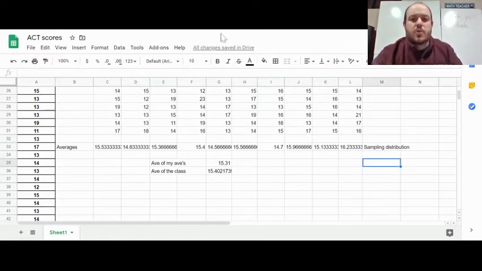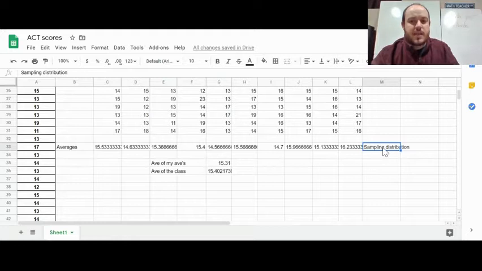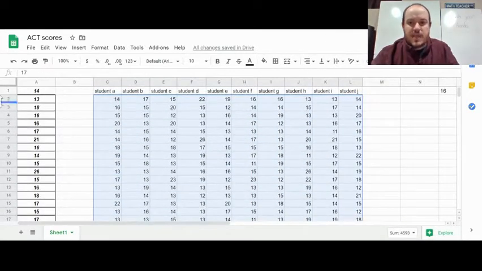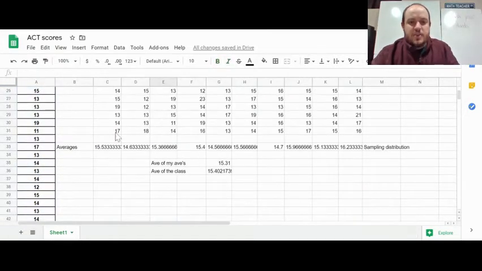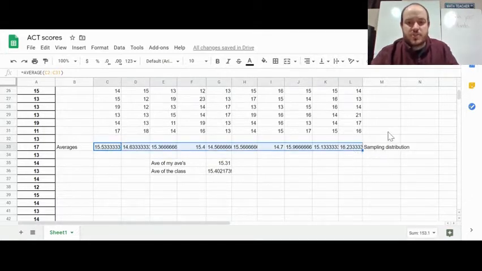So we're going to jump into the actual notes for sampling distribution. But just know, what is a sampling distribution? A sampling distribution is when you take a bunch of samples from a larger population, and then you take the averages of all of those samples to make up a new distribution called the sampling distribution.